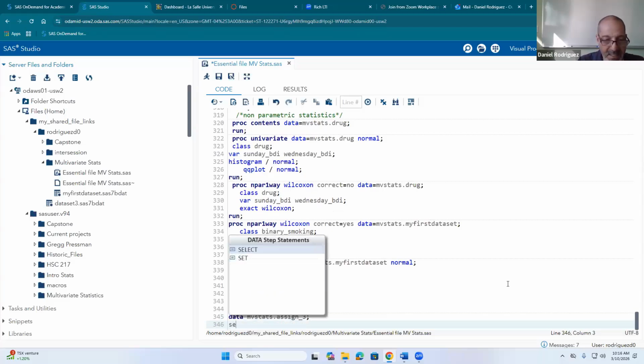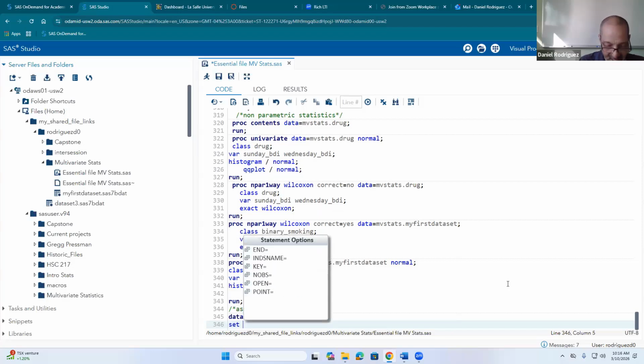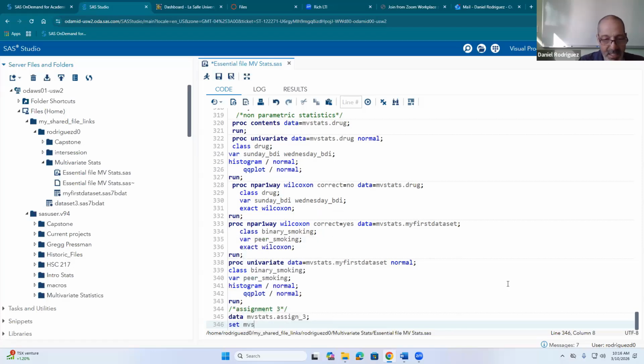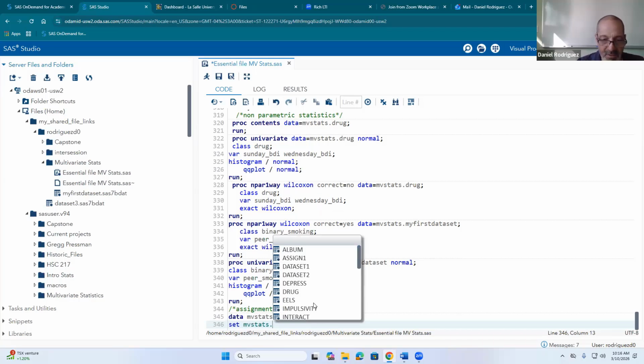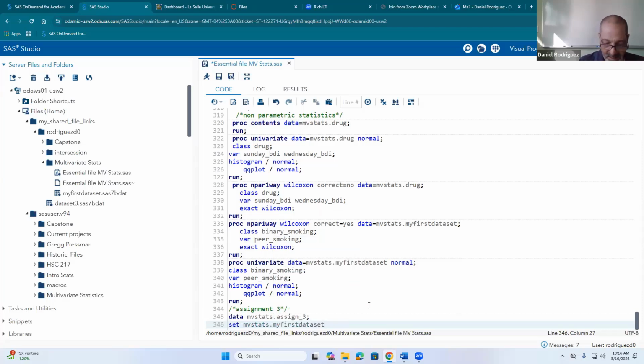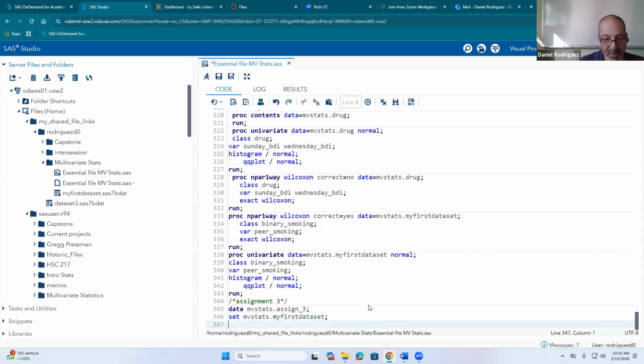I'm going to set it to an existing data set in MV stats, my first data set. Now if I did nothing else and I typed the run command, it would just copy that data set.